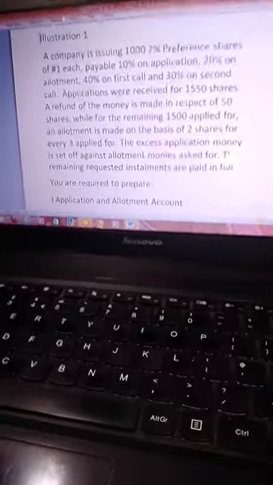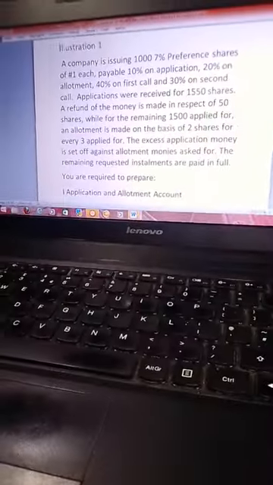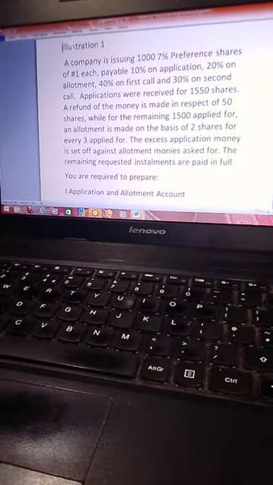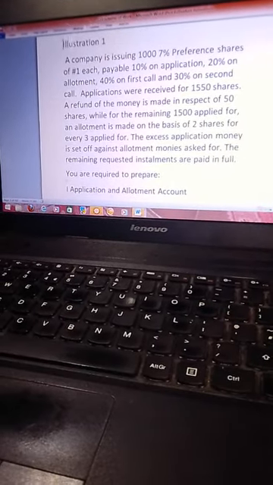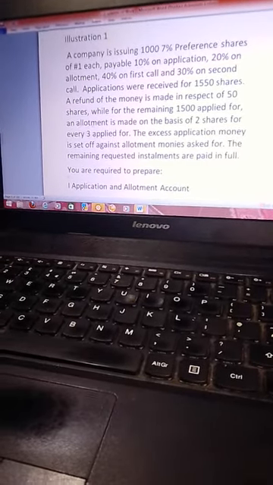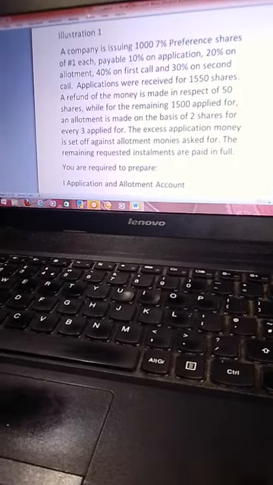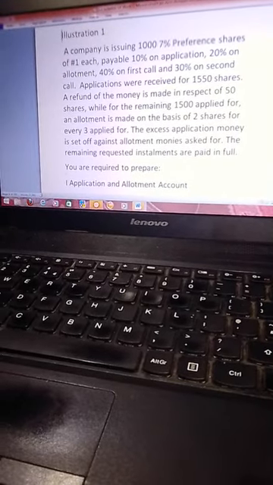A refund of money is made in respect of 50 shares, while for the remaining 1,500 applied for, an allotment is made on the basis of 2 shares for every 3 applied for. The excess application money is set off against allotment monies asked for. The remaining requested installments are paid in full.